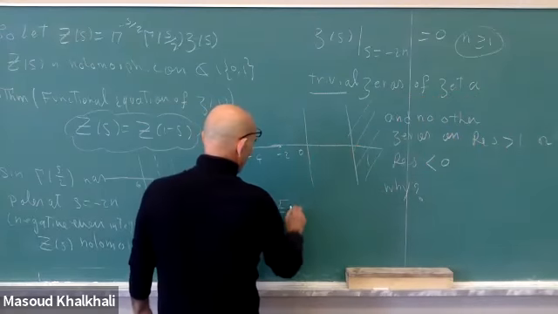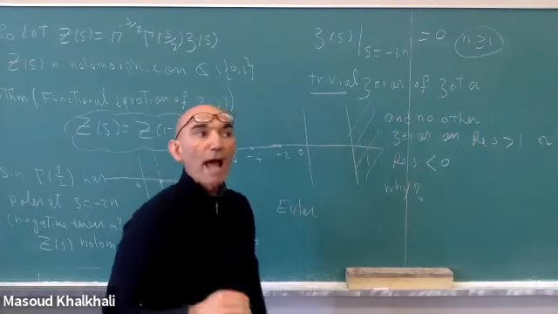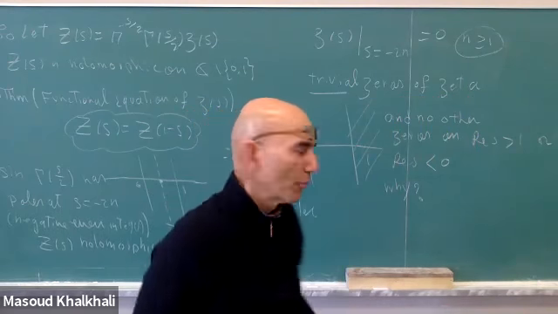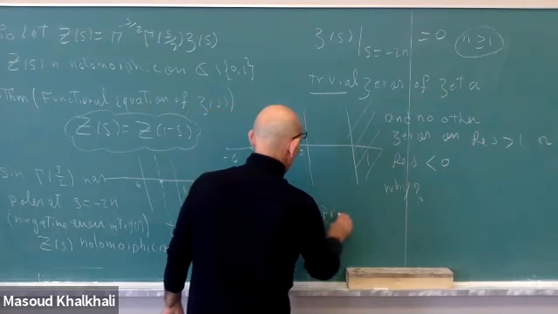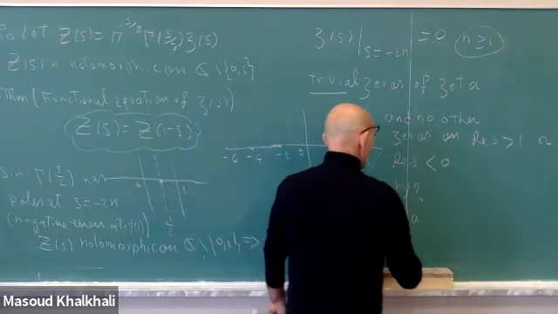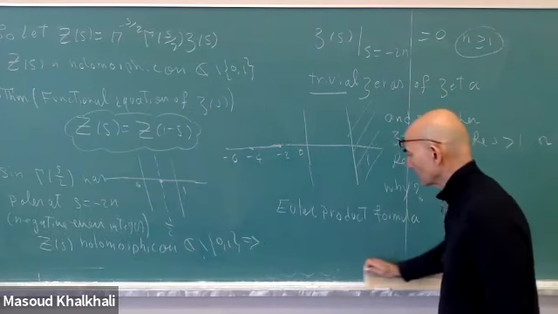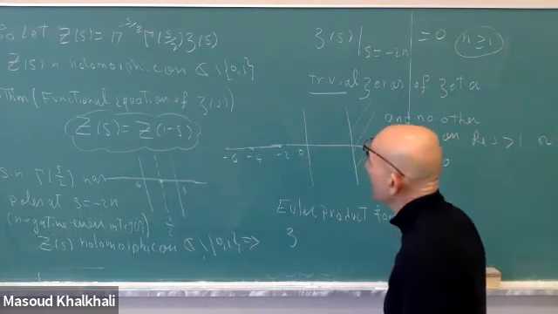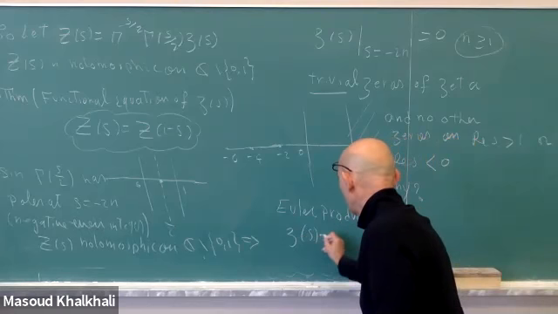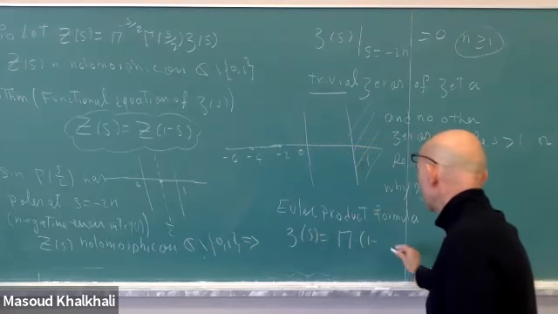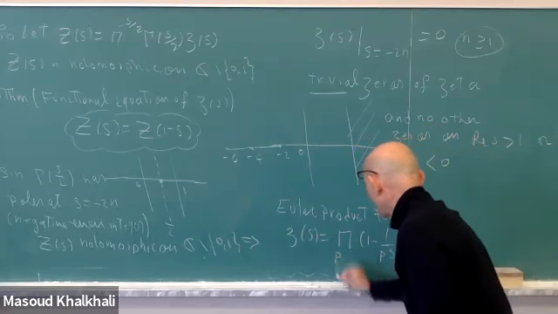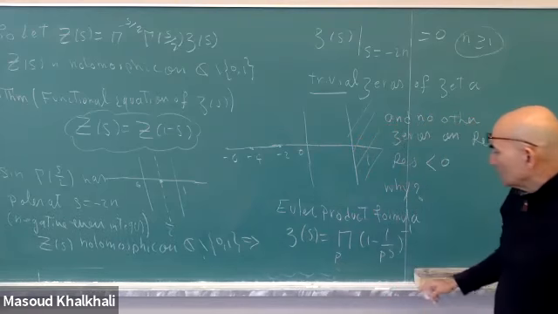So another magical thing about the Riemann zeta function that we don't have for spectral zeta functions in general is this Euler product formula, which says zeta(s) is equal to the product over primes p of 1/(1 - p^(-s)).